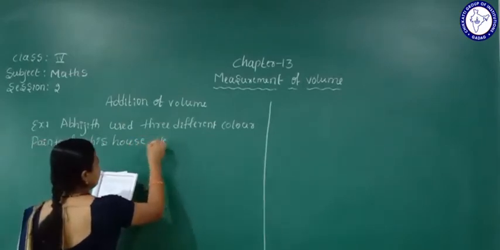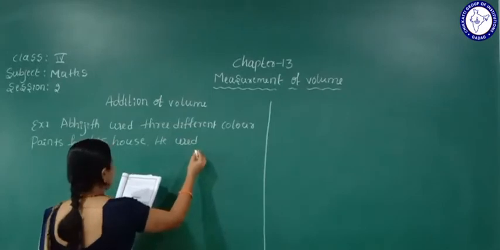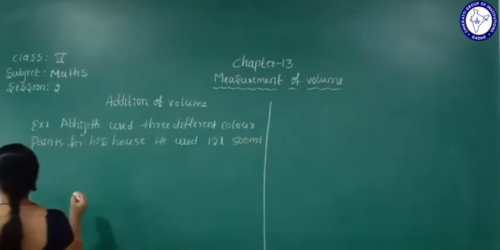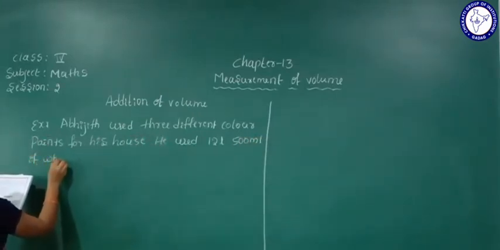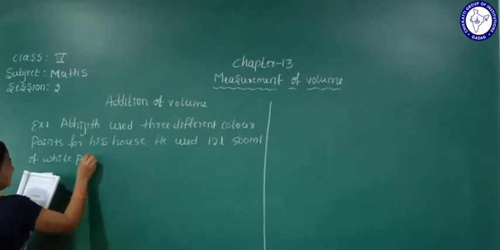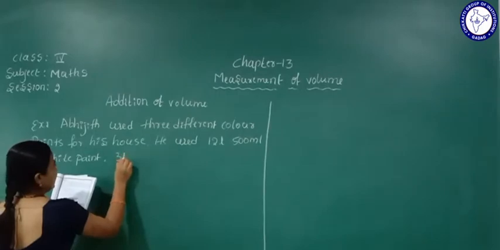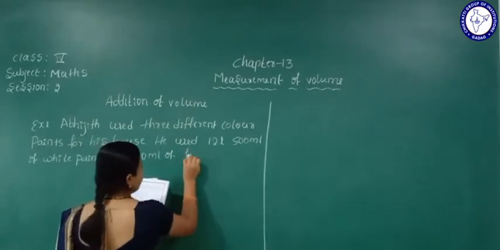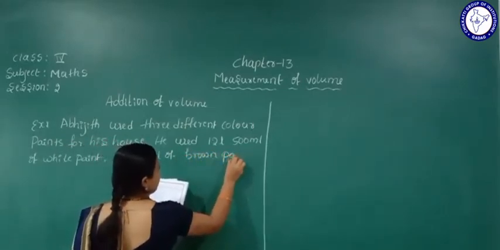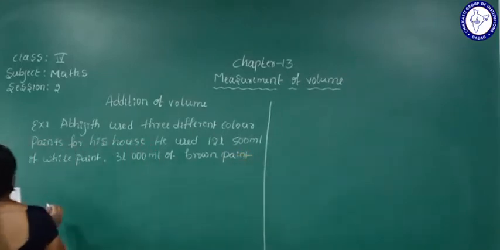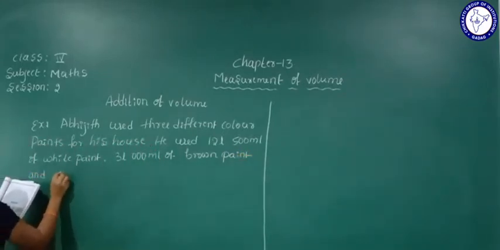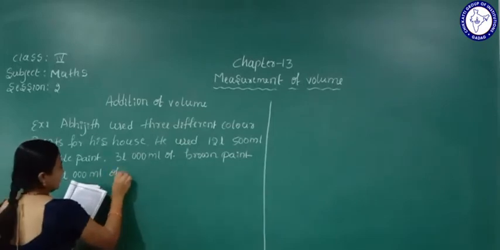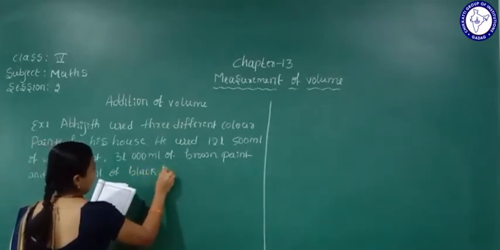He used 12 liter 500 ml of white paint, 3 liter 0 ml of brown paint, and 1 liter 0 ml of black paint.